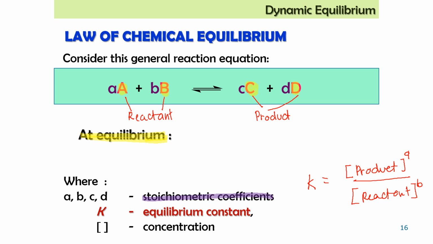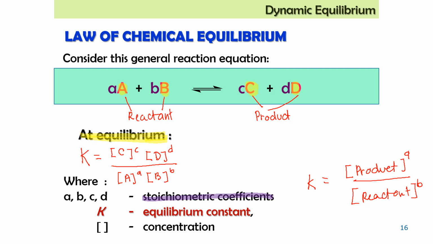at equilibrium, so K equals to, so this is capital K, equals to concentration of product, here you have C to the power of its stoichiometric coefficient times product D with its coefficient divided by reactant A and reactant B, to the power of its stoichiometric coefficient.